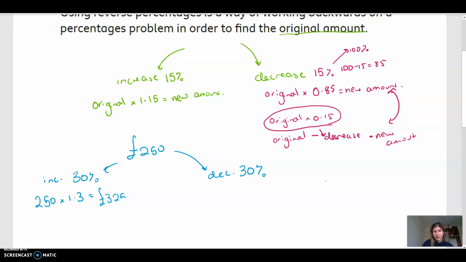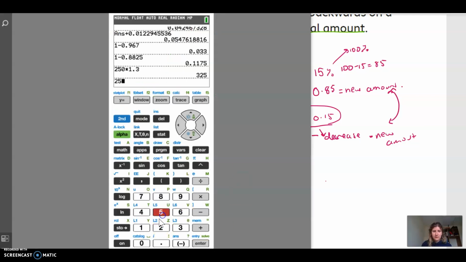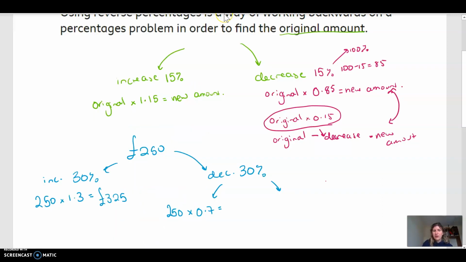Okay, 325. Now, to decrease by 30%, again, we can do this in two ways. The first way is we can take 250 and we can times by, now, if we're decreasing by 30%, we're left with 70% of our total amount, so we can times by 0.7. And that gives us £175. Or we can do it the other way.